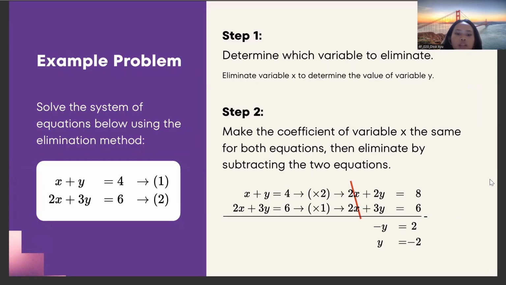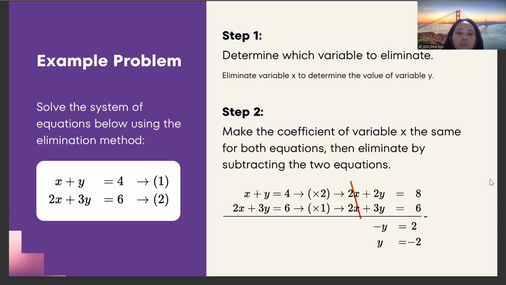Next, we see the example. First, we decide which variable we want to eliminate. Next, we make the coefficients of that variable equal by multiplying one or both equations if necessary. After that, we subtract the equations to eliminate the chosen variable.